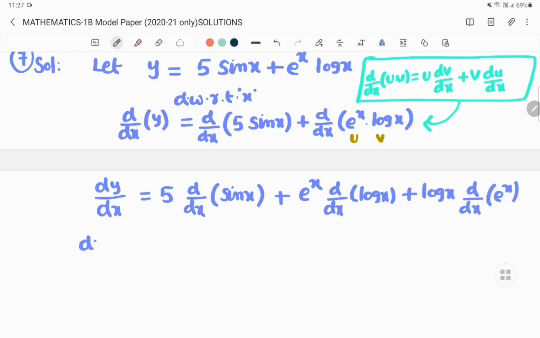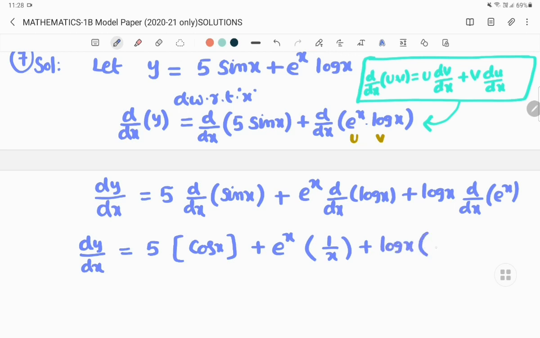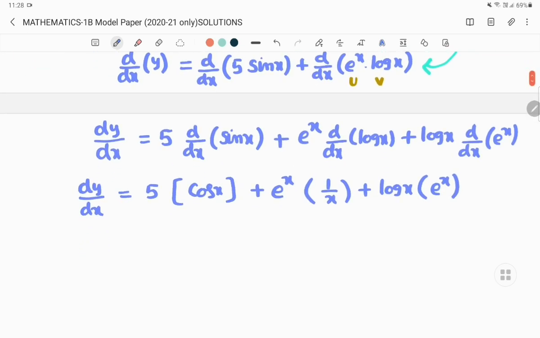So dy by dx is equal to 5 into d by dx of sin x, which is cos x, plus e power x into d by dx of log x, which is 1 by x, plus log x into d by dx of e power x, which is e power x. So e power x take common from this.